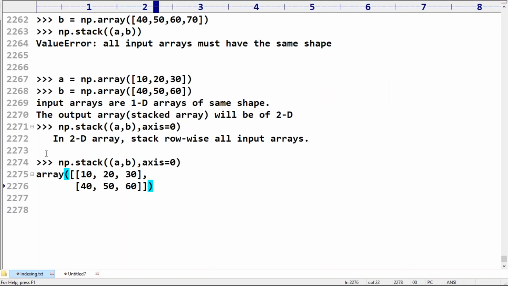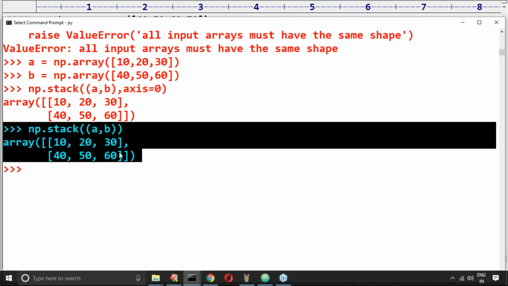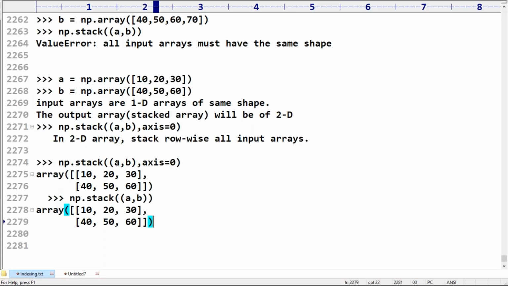Sir, even if I don't take the axis, can you please confirm what output we are going to get by default? If I'm not taking this one, what is the answer we are going to get? Same. Default axis is 0 only. That's why we are going to get the same thing.